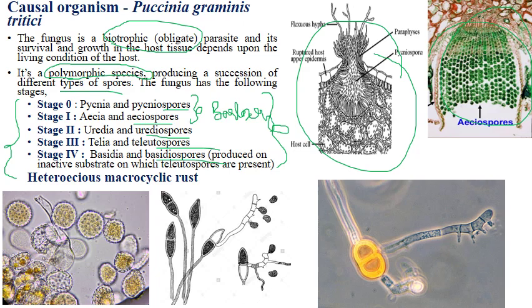The uredial stage and the telial stage occur on the main host, that is wheat. On a barberry leaf, the upper surface produces pycnia or pycniospores, and the corresponding lower surface produces aeciospores.